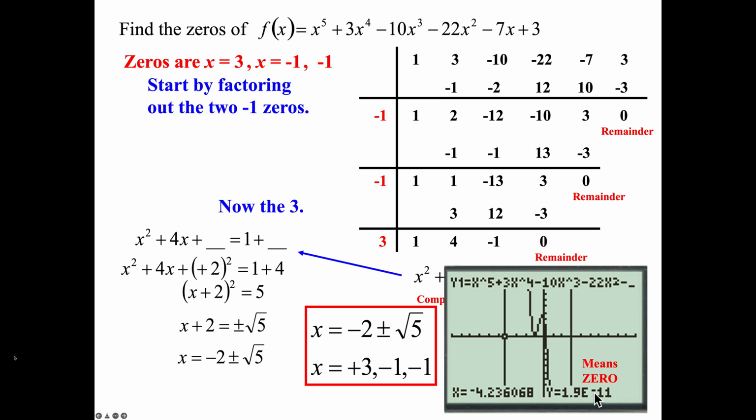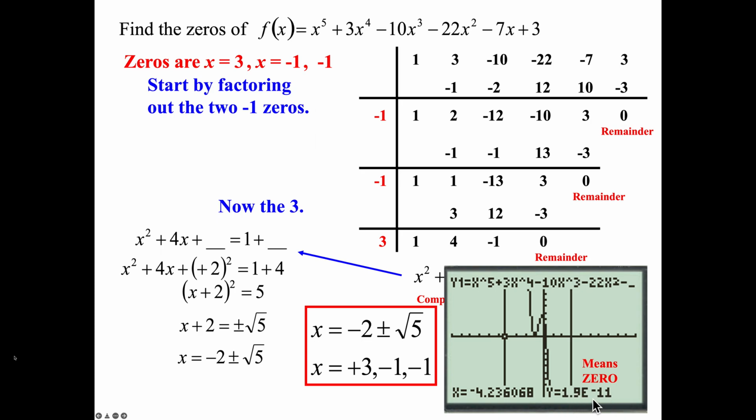So remember, this went out to 12 decimal places. This right here is scientific notation from the calculator. This means 1.9 times 10 to the -11th power. That means move this decimal point 11 places to the left. Really? That's 0.1019.